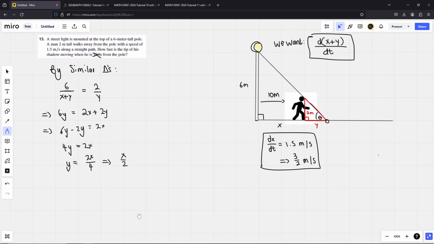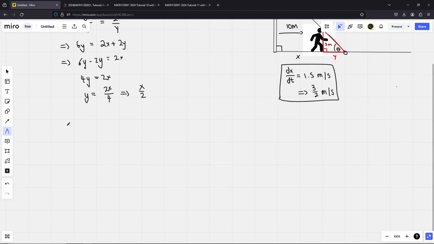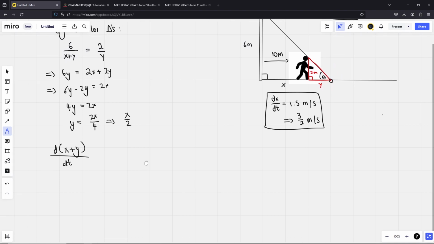So let's get back into what we want. We want d(x+y)/dt. So what is that equal to? That's going to be equal to x plus, and we said y is the same thing as x over 2, so this is x over 2.